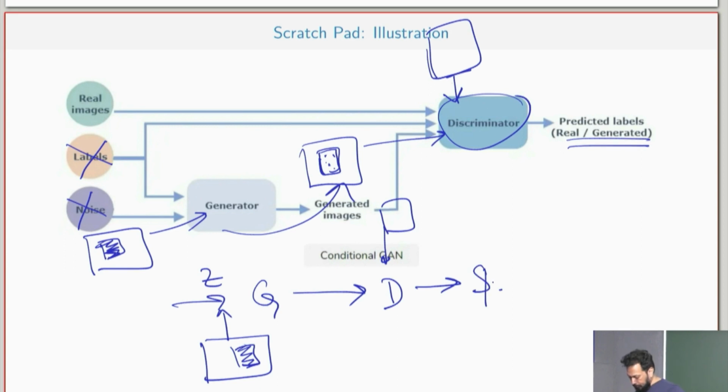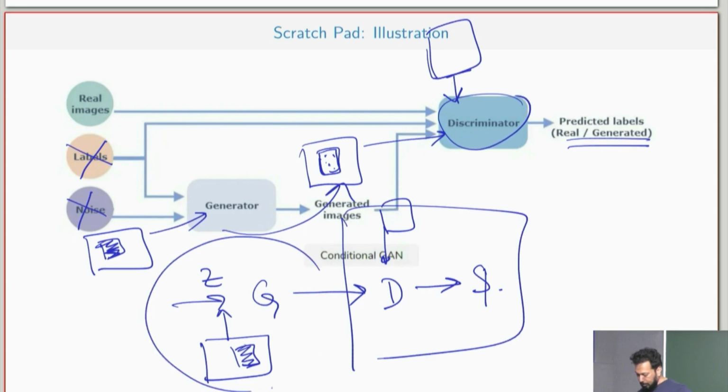So let us say we train this conditional GAN. What will happen then? After training, the GAN has learned that given a patch is removed, it will try to fill the patch, basically generate the patch part.